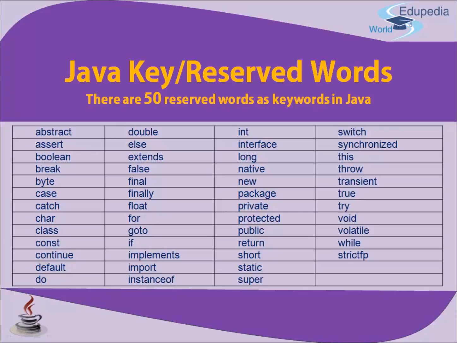We will just focus on knowing how many keywords there are and how to use them in their particular usage. Before you create your own variable or identifier, you must know about these first.